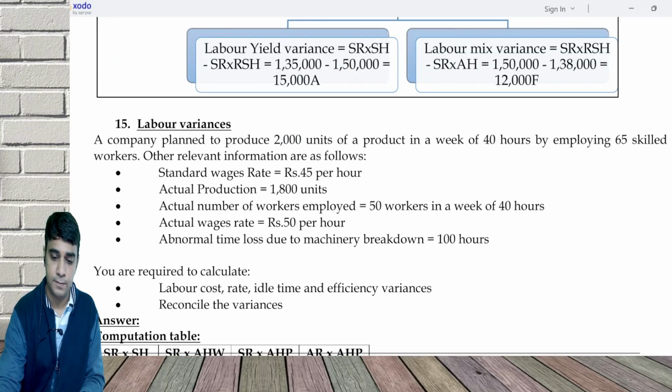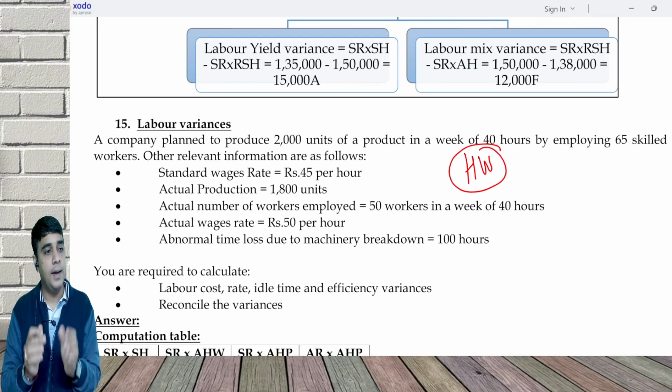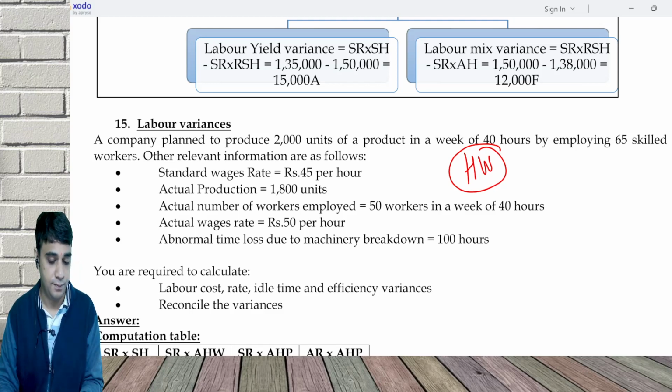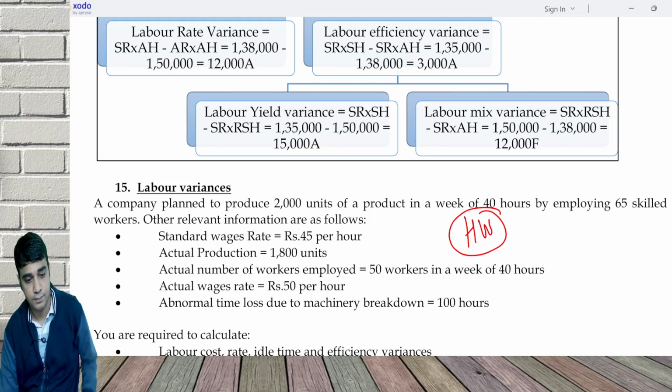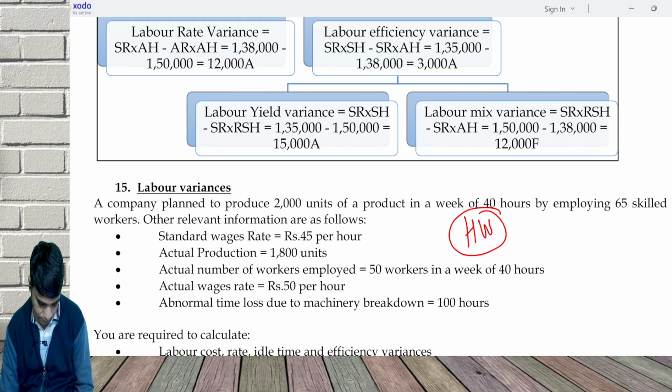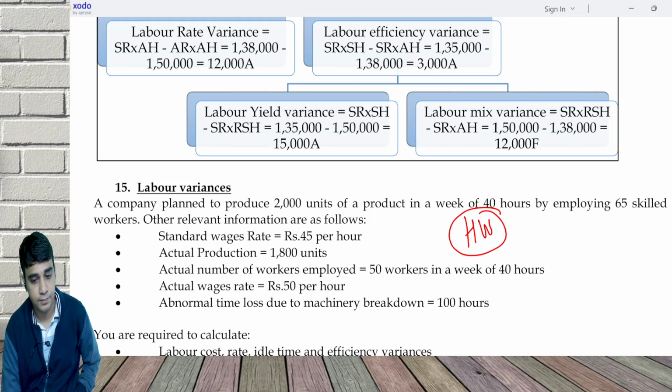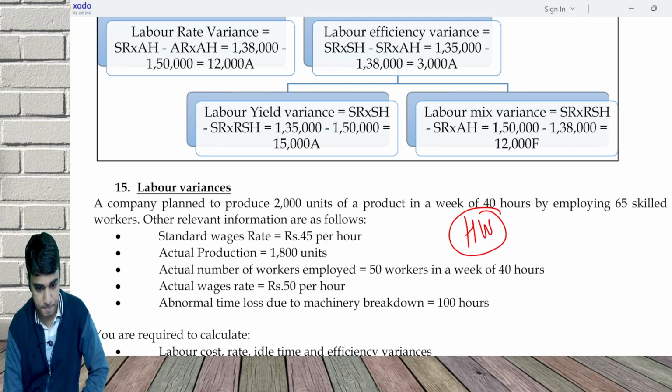15 is homework. Again, tell me the standard equation.